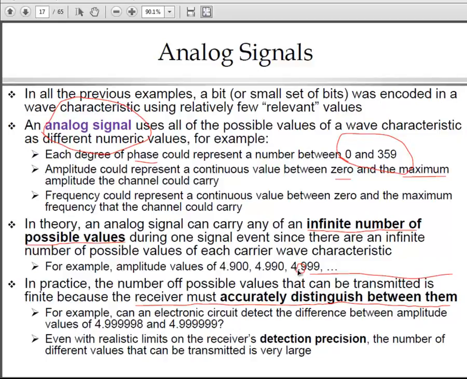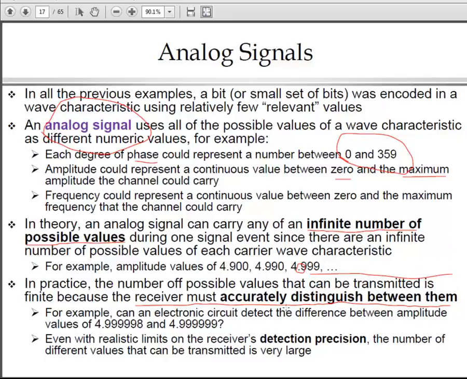So for example, if I want to use, say, 3 digits to the right of the decimal point to represent data, and I want to send the value 4.999, say as 4.999 volts through this wire, well, then what comes out at the other end had better be exactly 4.999, and the receiver has to be constructed in such a way that it can tell the difference between 4.999 and 4.999000001, for example, or 4.9989999.